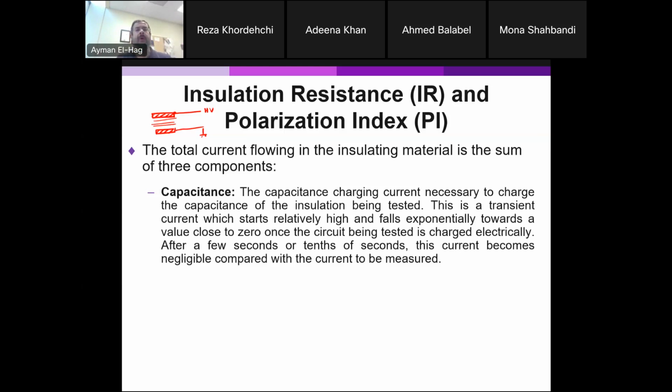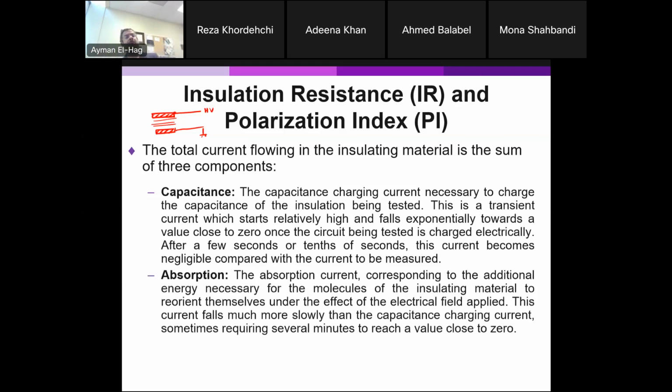This is actually no exception. The cable, the insulation system, is nothing but a capacitor. So when you apply the DC, you will start charging that capacitor, regardless of the configuration of that capacitor. And then after that, it dies out when your insulation system is fully charged.